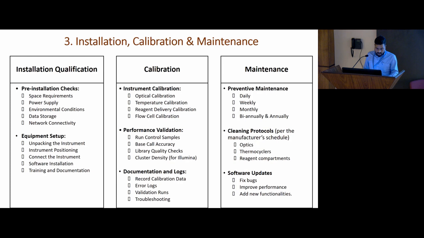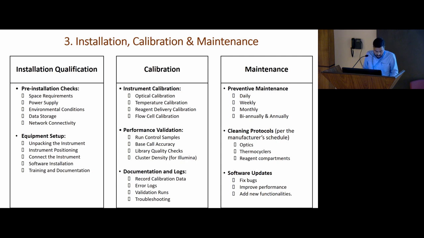The third section is the installation, calibration and maintenance of the instrument. The installation qualifications must be checked. Installing and calibrating next generation sequencing instruments is a critical process to ensure accurate and reliable sequencing data.